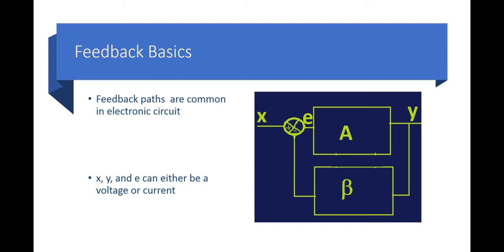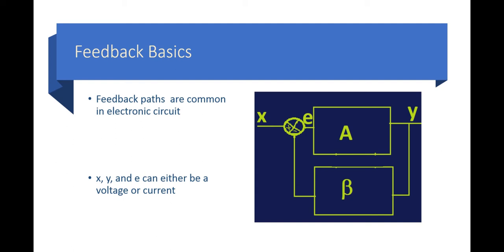And if the output of the feedback path is current, then it means that X and E are also currents, because you can have addition or subtraction only when you are dealing with the same quantity. You cannot subtract a current from a voltage, nor can you add a current to a voltage.